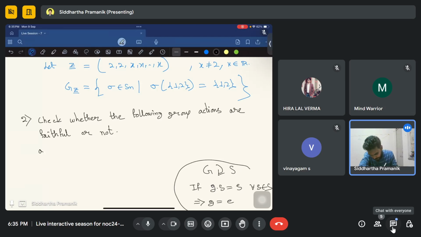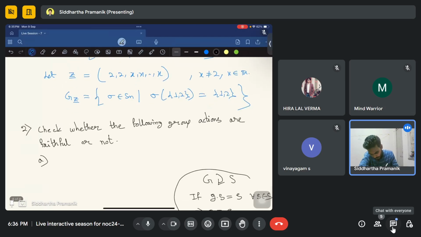Let's take the first example from the previous one, where G is R star with multiplication, and S is the set R^n, and the action is defined by just multiplication by r in each coordinate.